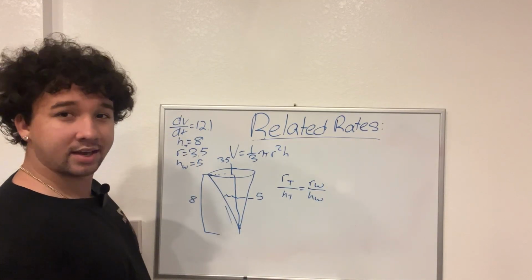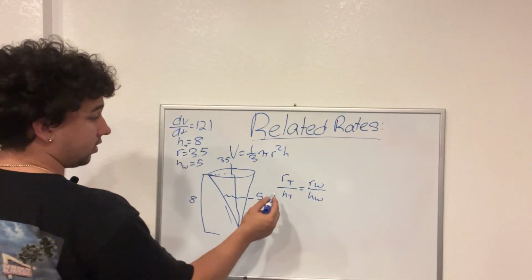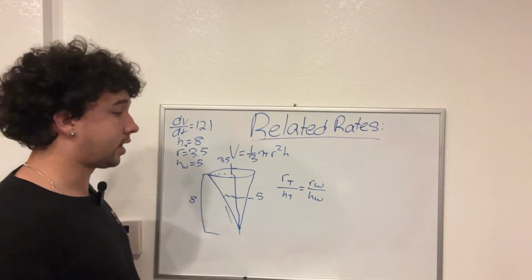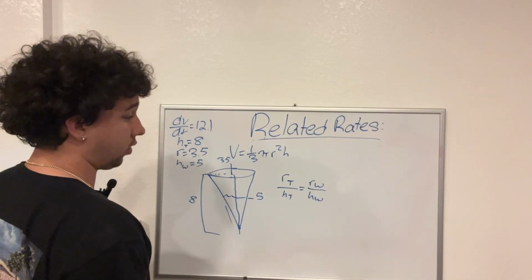Well, do I need it in this case? No. The reason is that I can use this similar triangle idea to rewrite radius in terms of height. How do I do that?